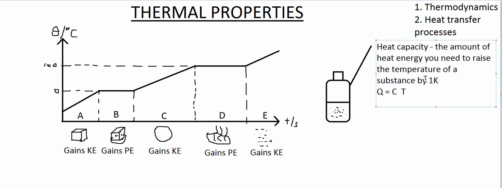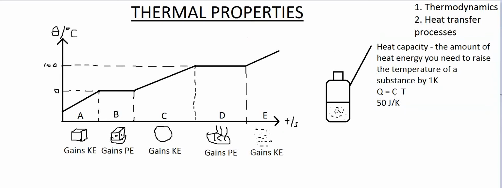So what do I mean? Let's say, just take this water bottle alone. Say the heat capacity is 50 joules per Kelvin.